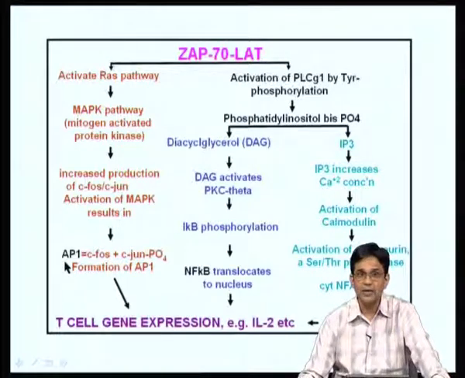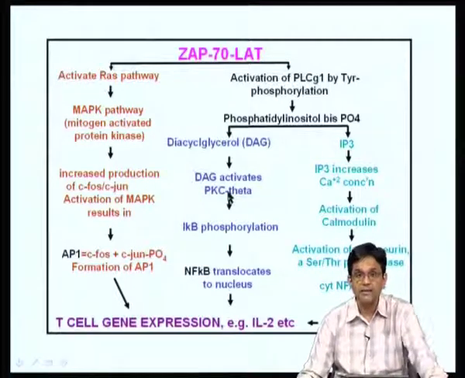So, AP1 is actually c-JUN, phosphorylated, and c-FOS. And over here you have the phosphatidyl inositol bisphosphate being cleaved due to activation of PLC gamma 1. It results in diacyl glycerol. Diacyl glycerol binds to PKC theta, and in fact PKC theta is thought to be important in T cell activation.